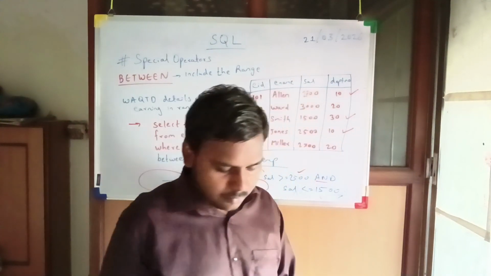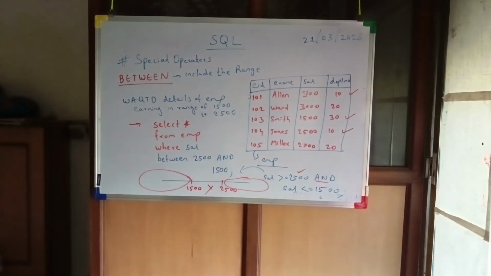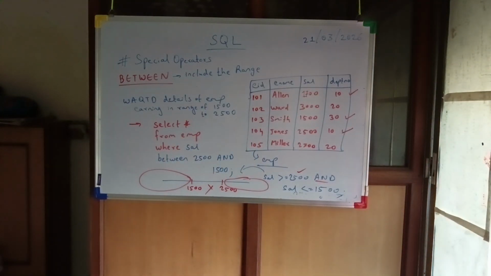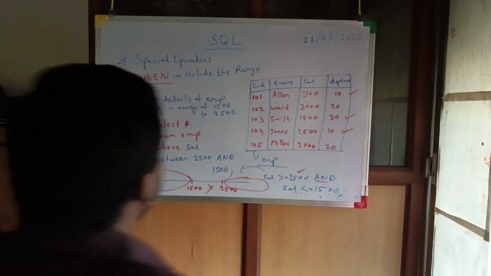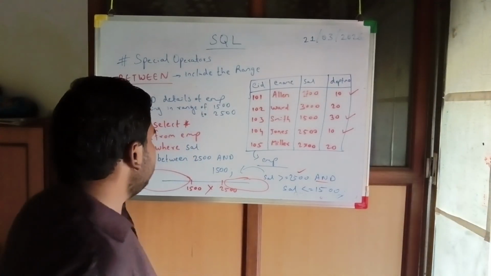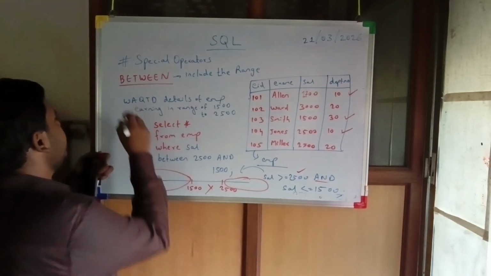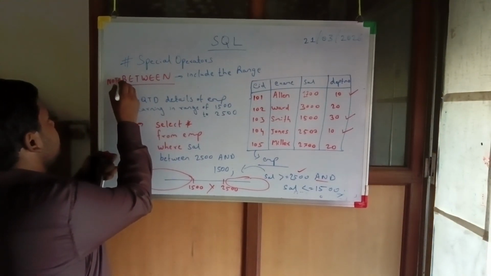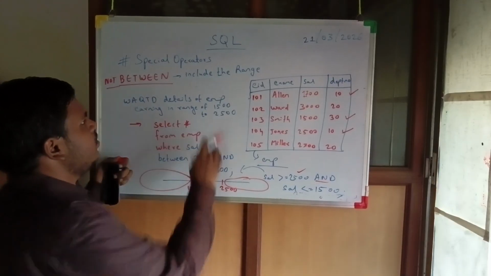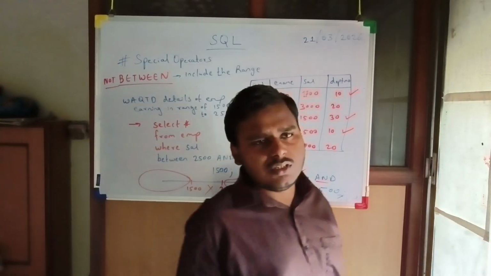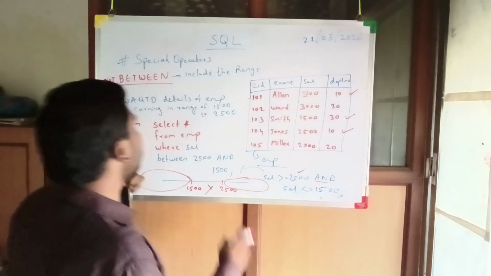So you have got an idea about the between operator. Now let's study the not between operator. First of all, what was the between operator doing? It was including the range. So what is the role of the not between operator?